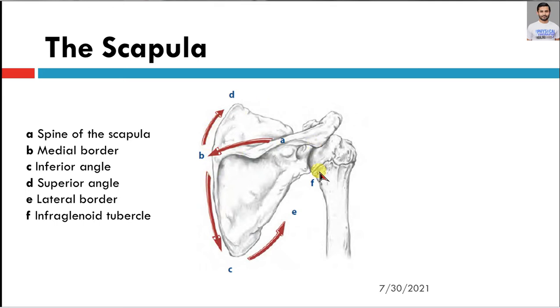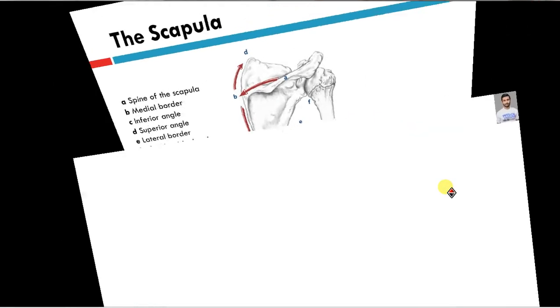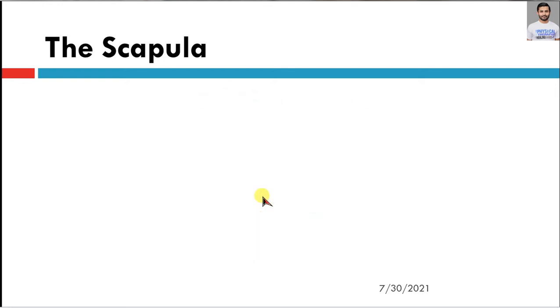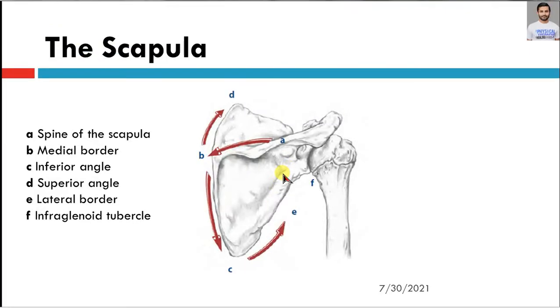These are all the structures that we already discussed: the spine of the scapula, the medial border, the inferior angle, then we have the superior angle, the lateral border, and the infraglenoid tubercle. On the dorsal side, we have the infraspinous fossa and the supraspinous fossa, and the subscapular fossa, which can be seen on the previous slide.